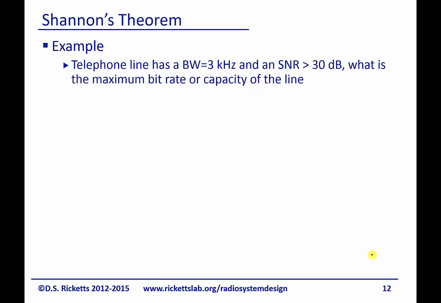Let's look at a telephone line, and it has a bandwidth of roughly 3 kilohertz, and an SNR we assume is going to be greater than 30 dB. What is the maximum bit rate or capacity of the line? Okay, so C is going to be equal to 3 kilohertz, that's the bandwidth, times log 2 of 1 plus 30, right?